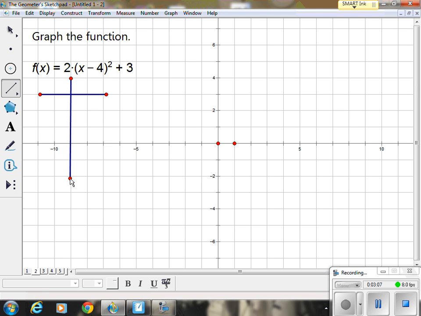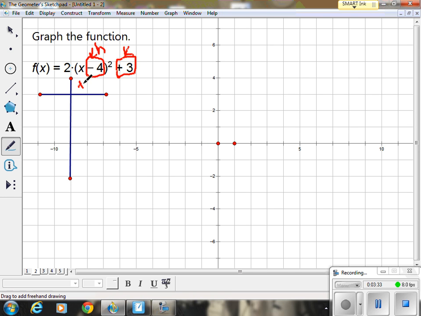So if I'm going to graph this, I'm going to create a t-chart. And in my t-chart, the first thing I'm going to put is my vertex. My vertex is h, comma k. If we remember that vertex form we just looked at, h was the number that was in my parentheses. K was the number that was outside my parentheses. Now think about that vertex form.